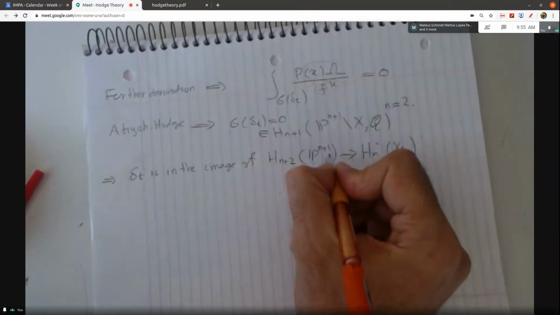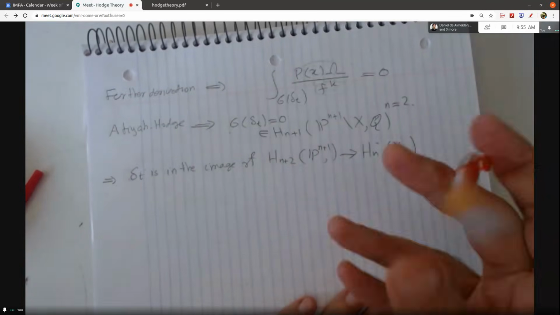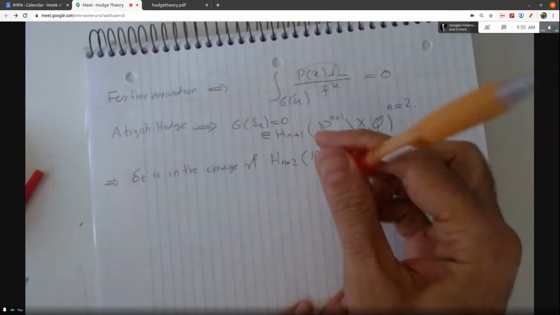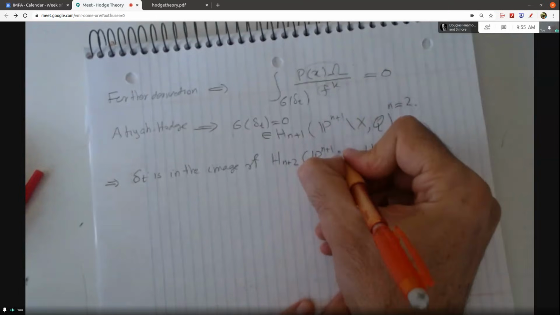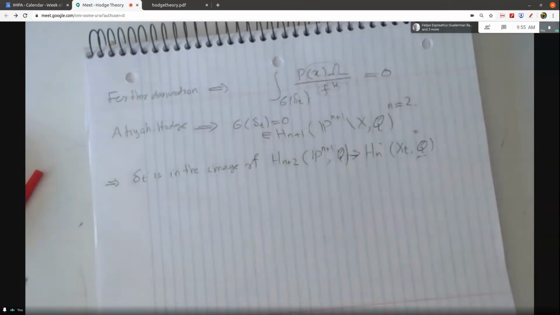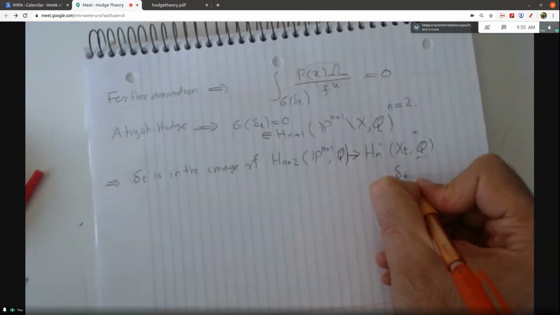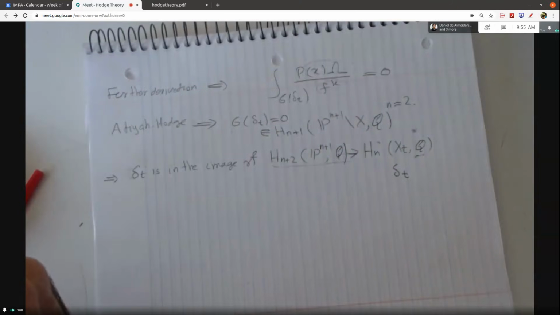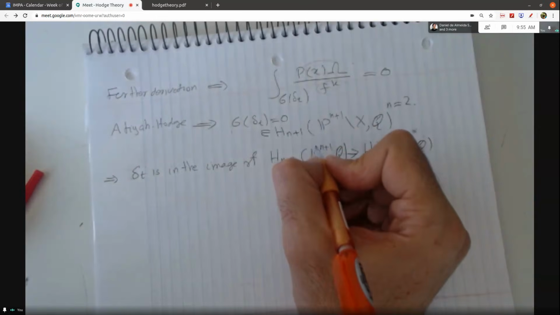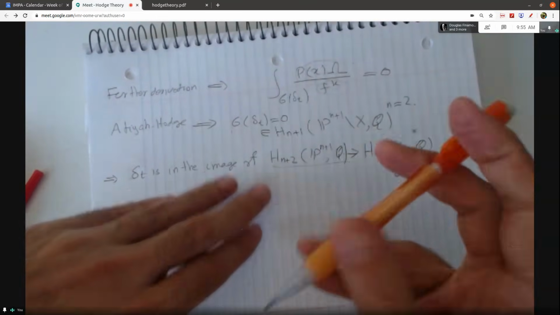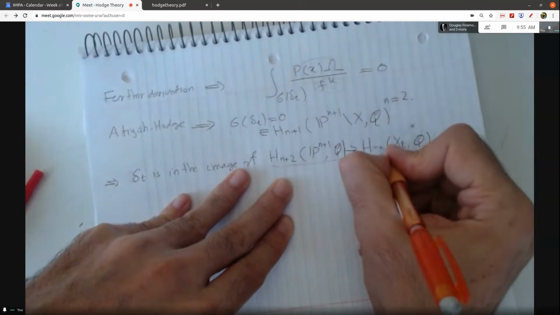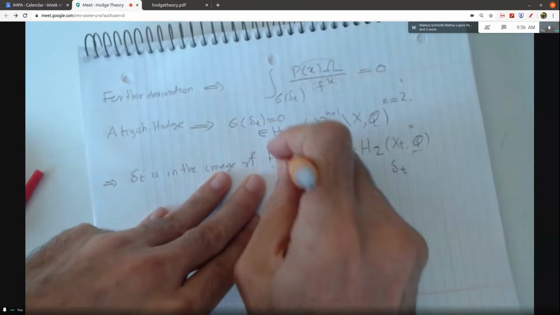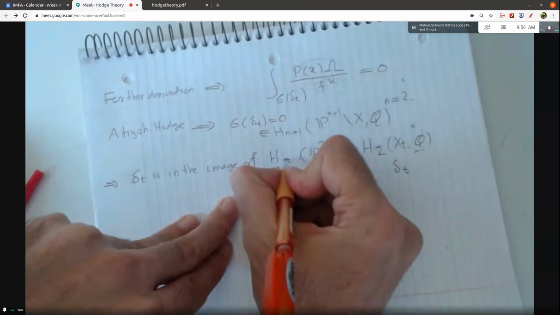Again, let me emphasize that I don't want to get bothered with torsions. So let's remember that these are our Q. Okay, so delta t was here. What is the generator of this guy? In the case n equal to 2, H4.